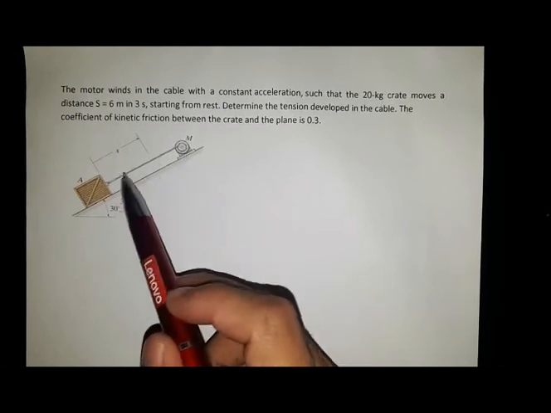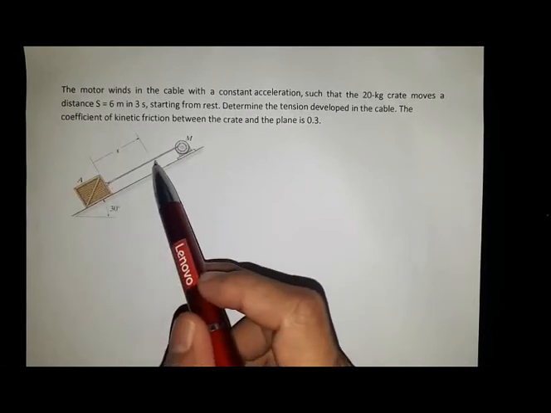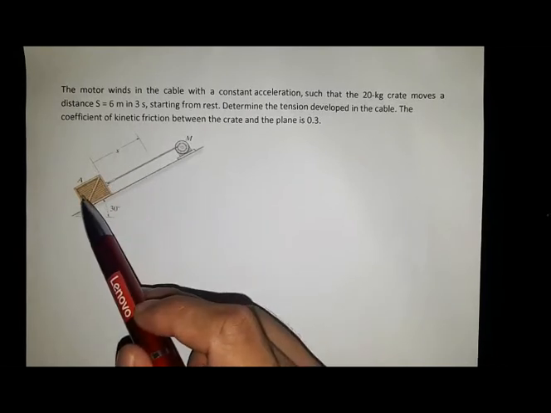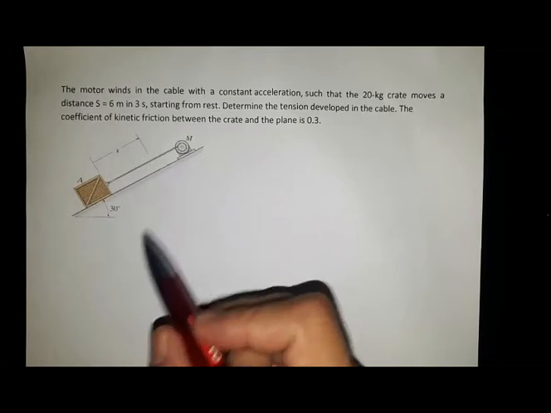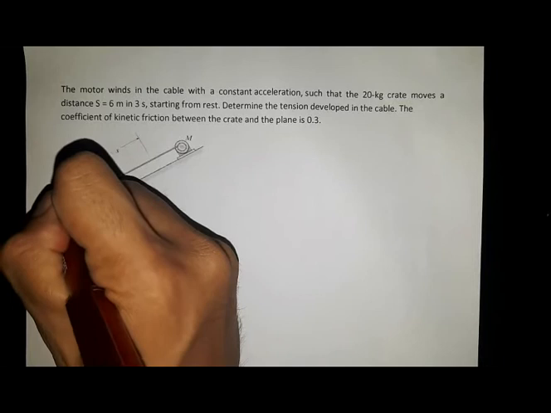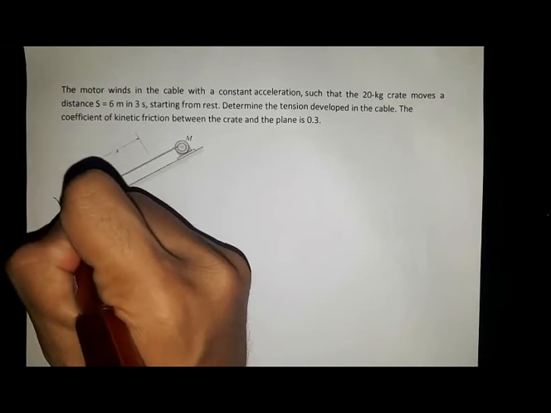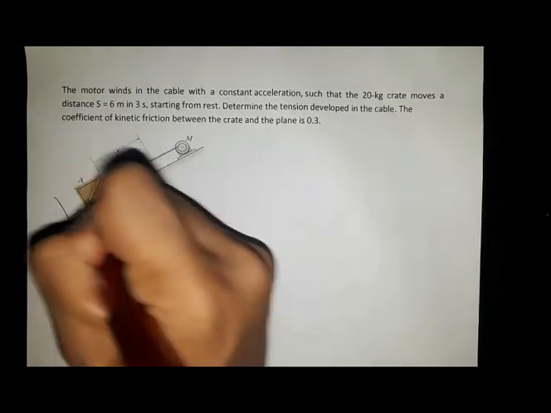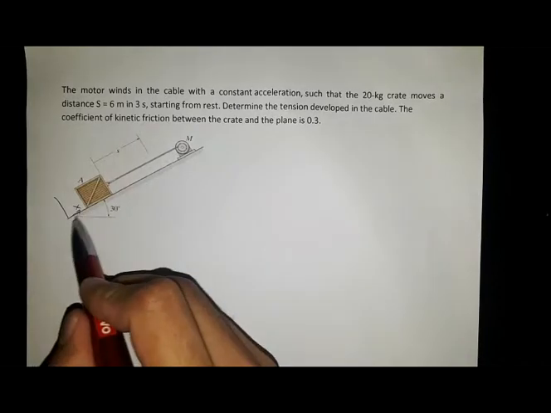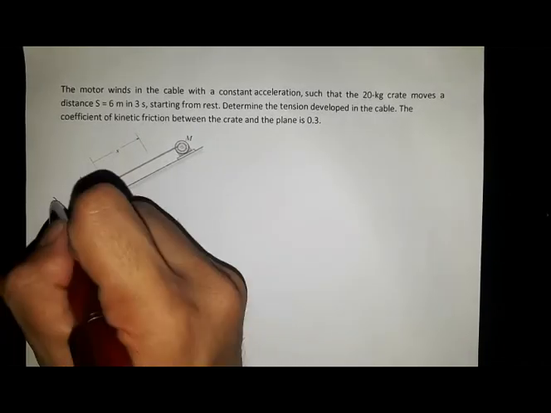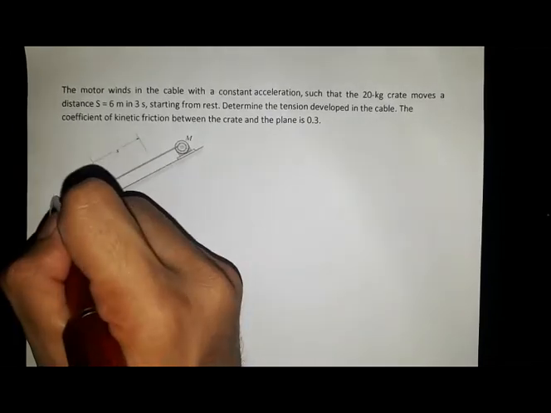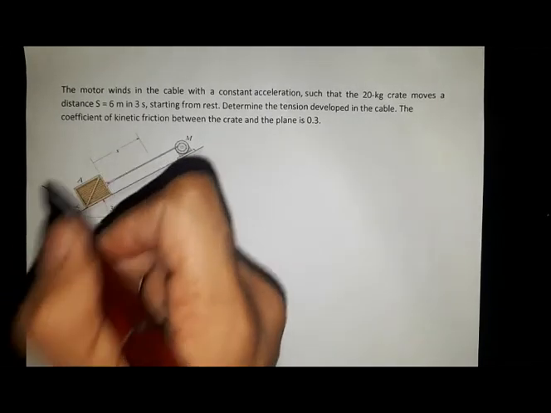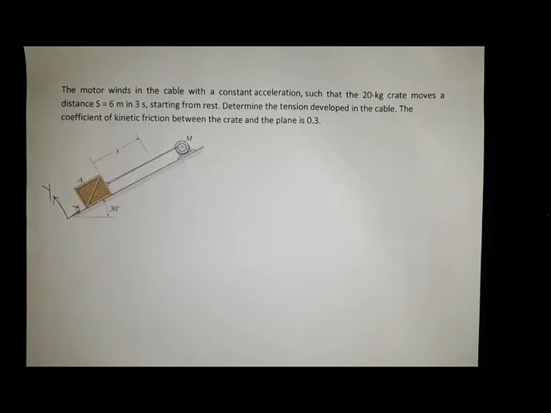This motor winds the cable, resulting in an upward inclined linear motion. So, let's make this our x-axis, which is parallel to the plane, and your y-axis perpendicular to the plane.